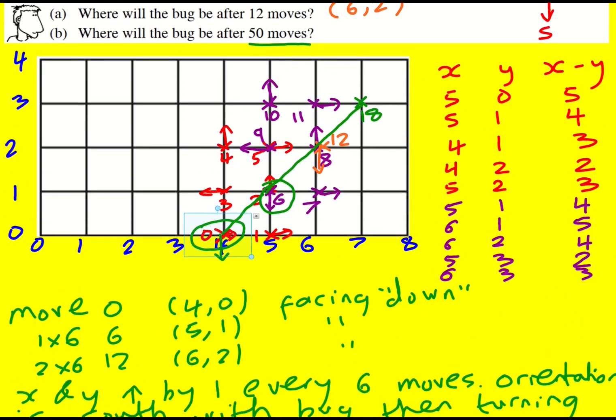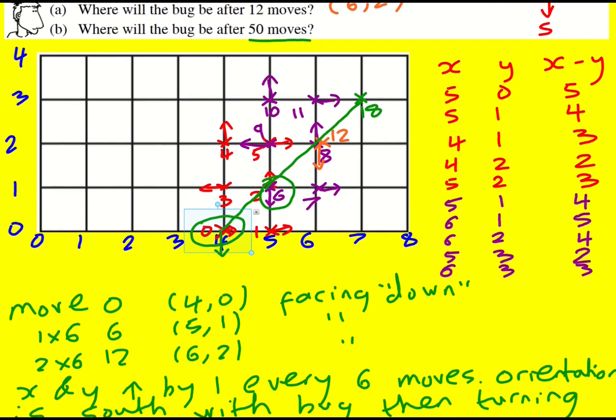And yeah, we've just got the pattern. You might not see this exact pattern, but hopefully you can find something similar. After every 6 moves the bug ends up along a diagonal. I think starting at the beginning and seeing that along this diagonal is the best way. x and y are just increasing by 1 every 6 moves, facing down about to turn left.